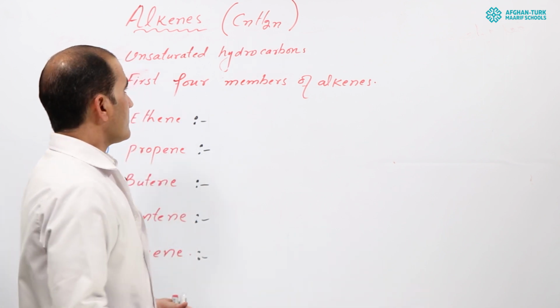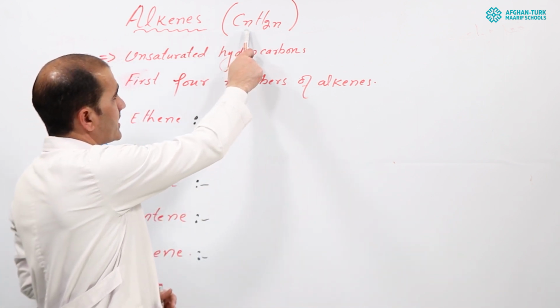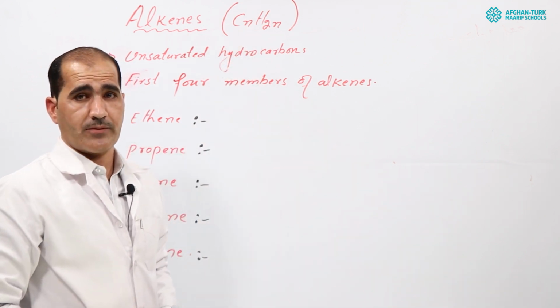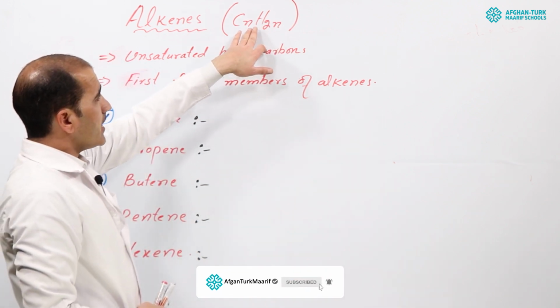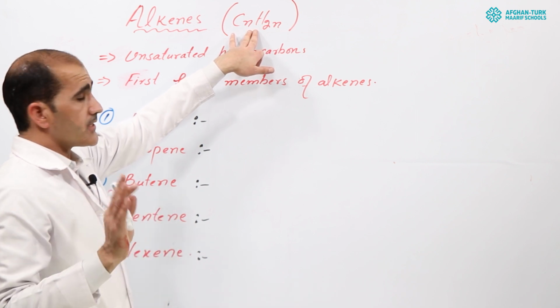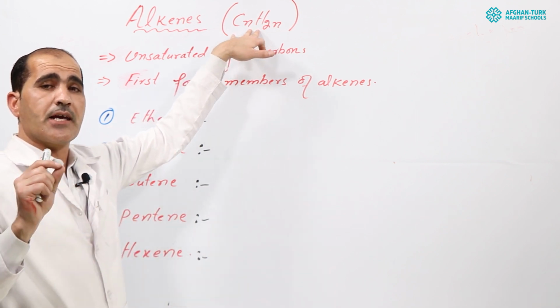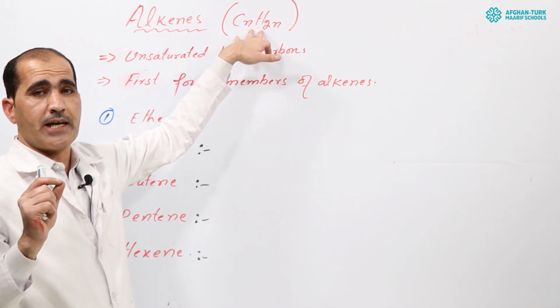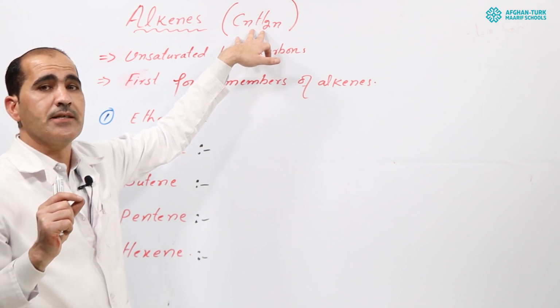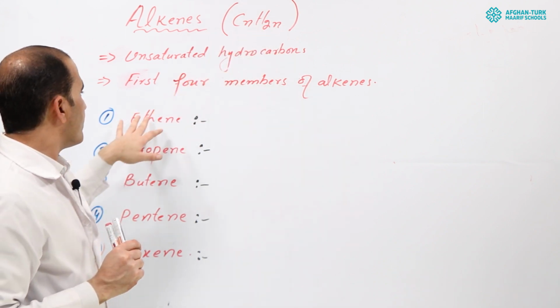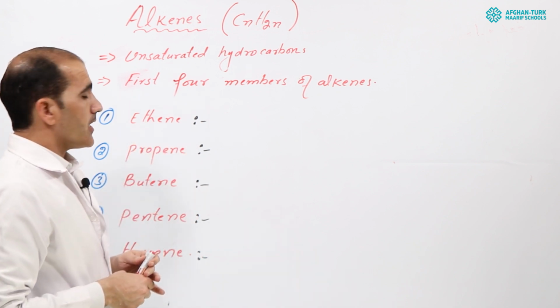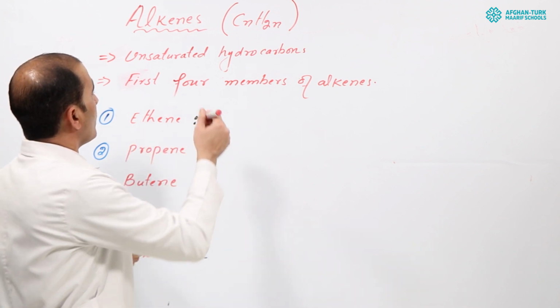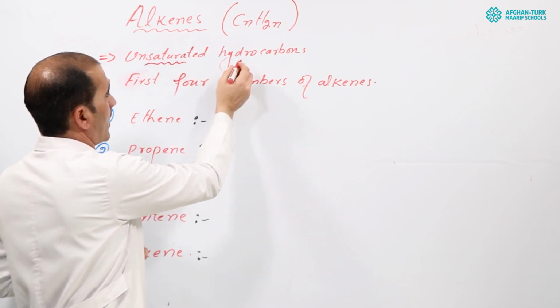You already studied that n stands for the number of carbons. You should know that the first member of the alkene family is ethene. Why do we call it an unsaturated hydrocarbon?